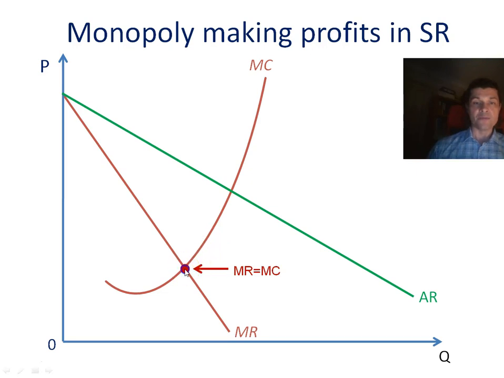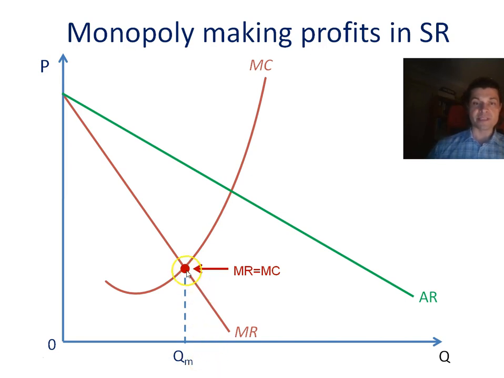Okay, so if we now transfer ourselves to the quantity axis, we will get the monopoly's Q star, or in this case I marked it as QM. So that is the output that the monopoly will choose to produce in order to maximize profit.